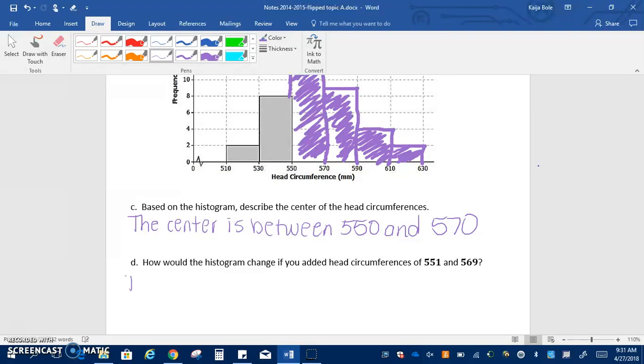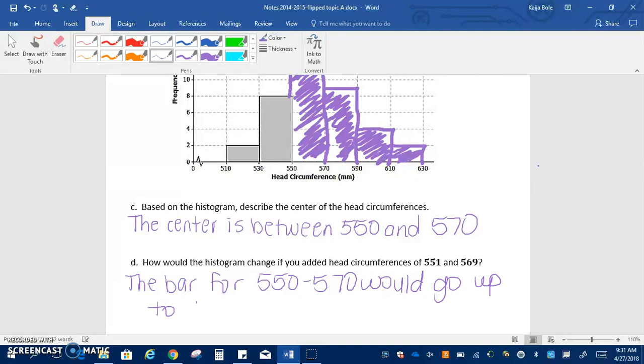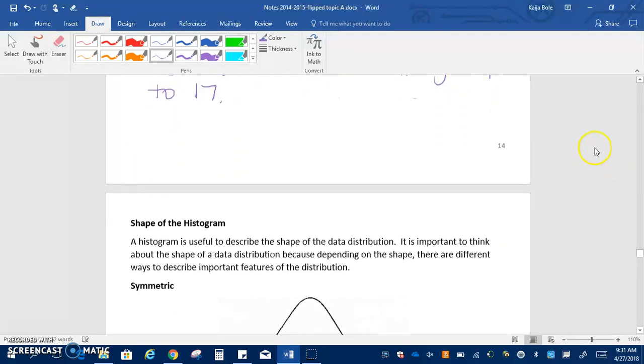Well, we would know that the bar for 550 to 570 would go up to 17 now, because we added 2 more.